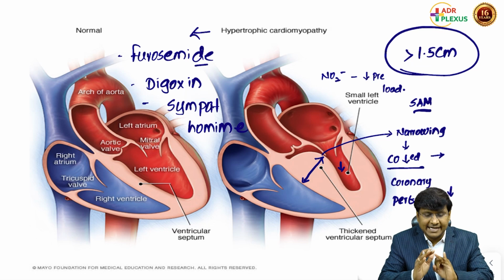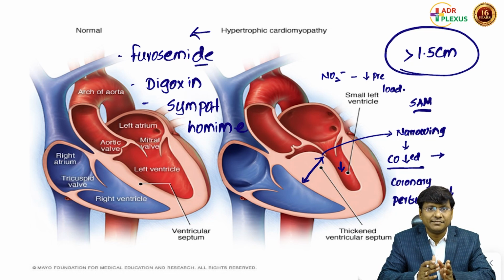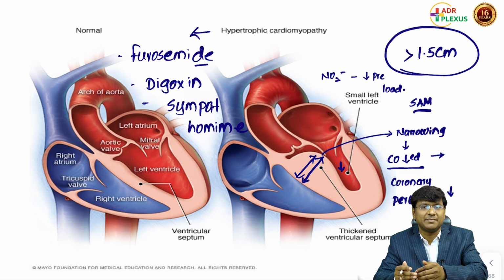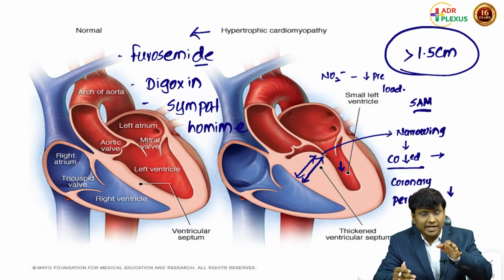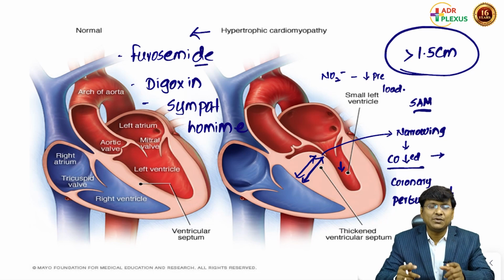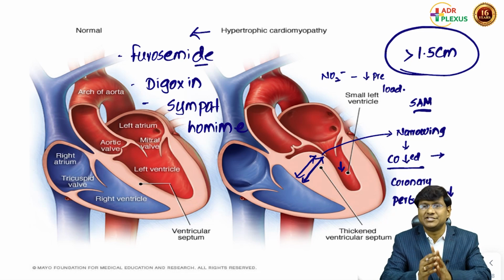So digoxin and sympathomimetic amines increase the cardiac contractility. Once they increase the cardiac contractility, the septum will come very near to the anterior mitral leaflet. So the cardiac output decreases, coronary perfusion decreases, demand is more, supply will be less, and that will precipitate the angina.